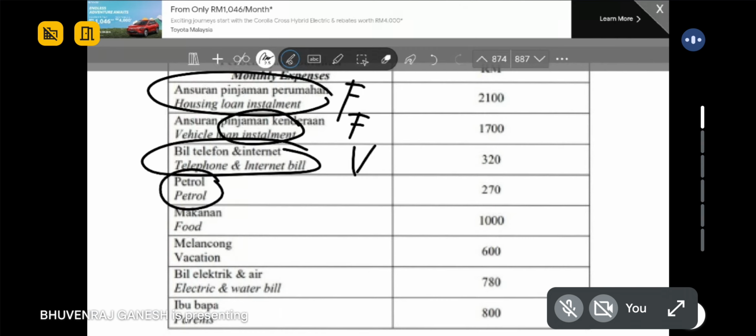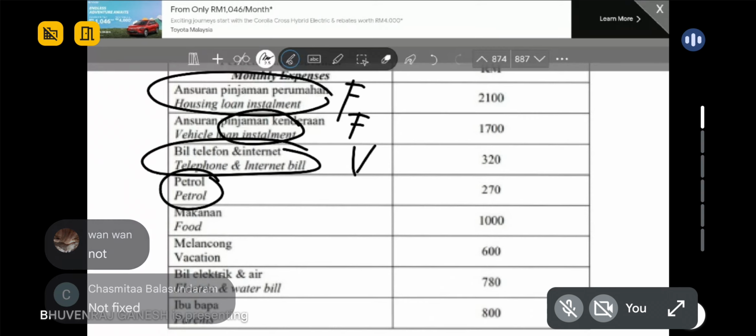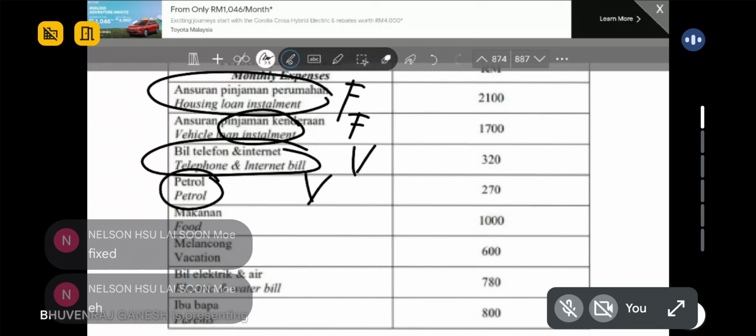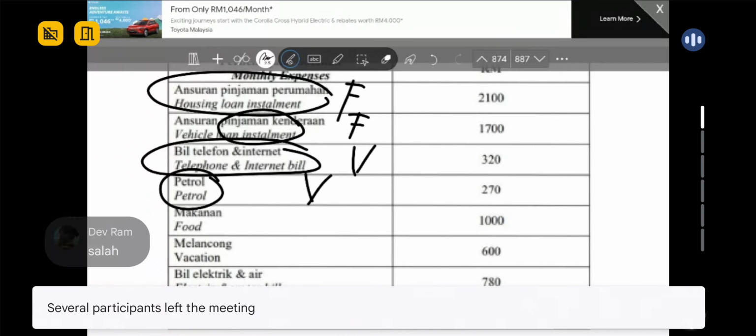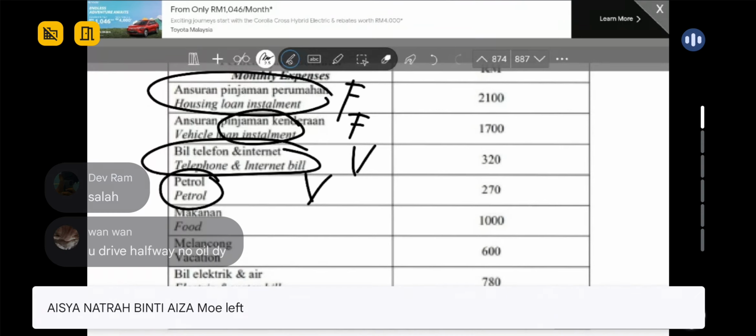Okay, this one petrol. Petrol. Fixed or variable? Tidak tetap. Nelson? How can petrol be tetap? Wow. Okay. If you say petrol tetap, right? Means that I go Penang to KL. And then I go Penang to Perak. The value is the same, is it?